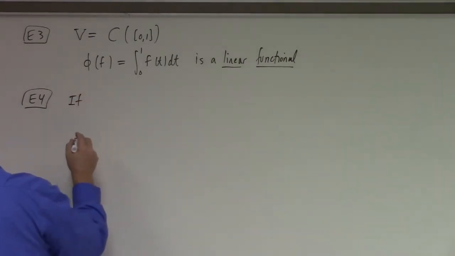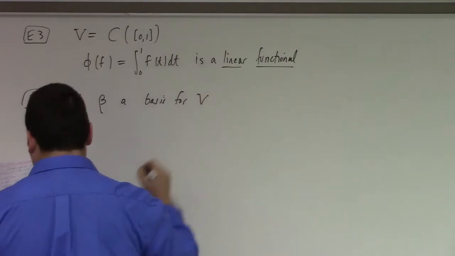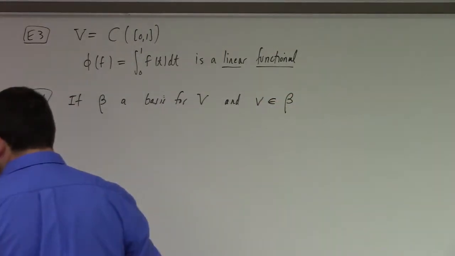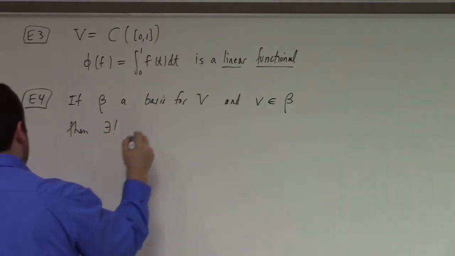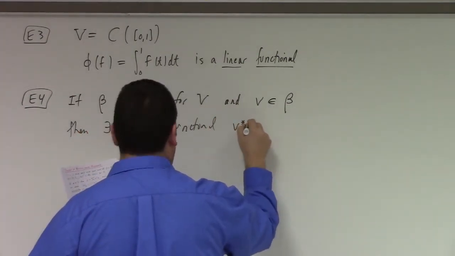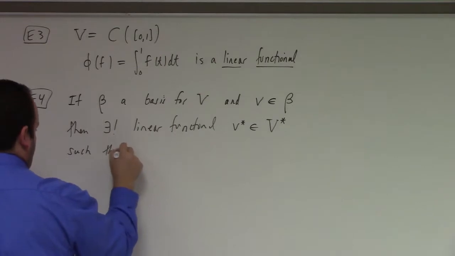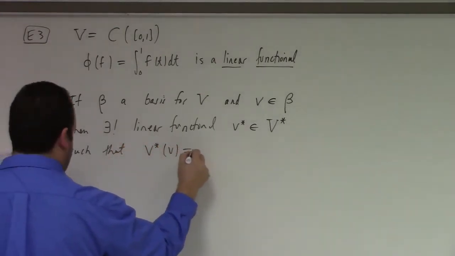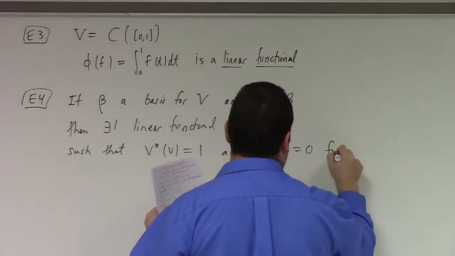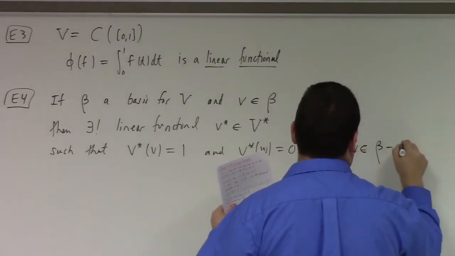Example 4. If beta is a basis for V, and if we choose v, an element of the basis, then there exists a unique linear functional, let's say little v star, an element of V dual, such that v star acting on v gives us 1, and v star acting on w gives us 0 for all w in the basis with the vector v removed.